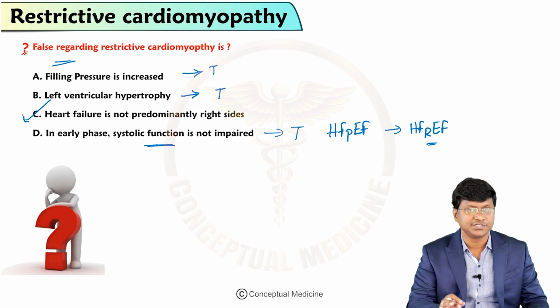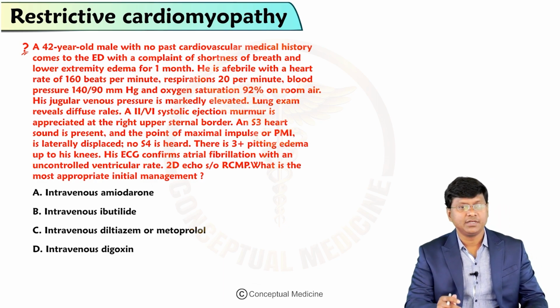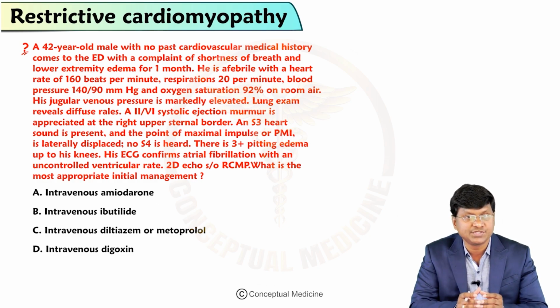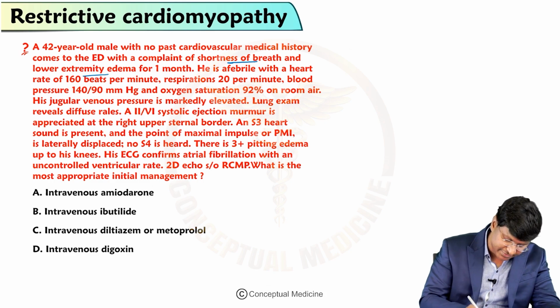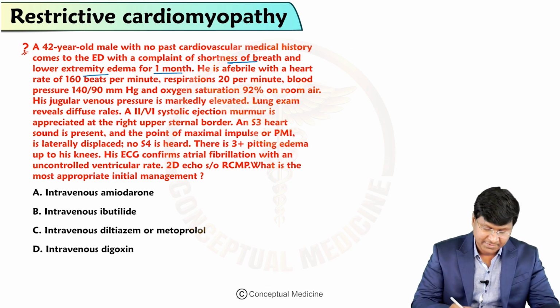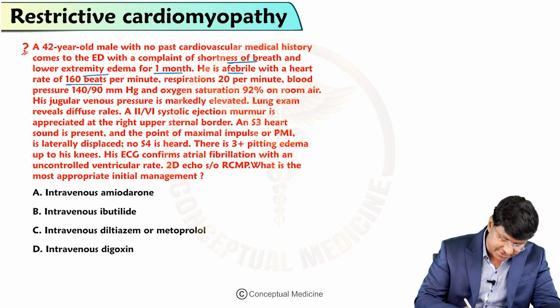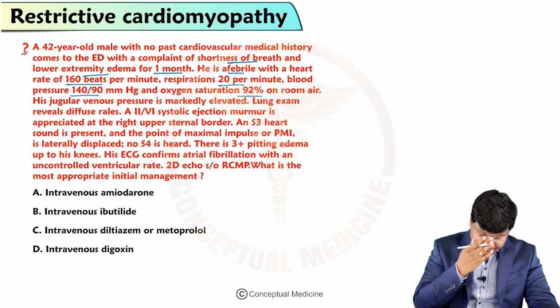Next, you see another question. A 42-year-old male with no past cardiovascular medical history comes to the emergency department complaining of shortness of breath and lower extremity edema for 1 month. He is afebrile with a heart rate of 160 beats per minute, respiratory rate 20 per minute, blood pressure 140 by 90 millimeters of mercury and oxygen saturation 92% on room air.